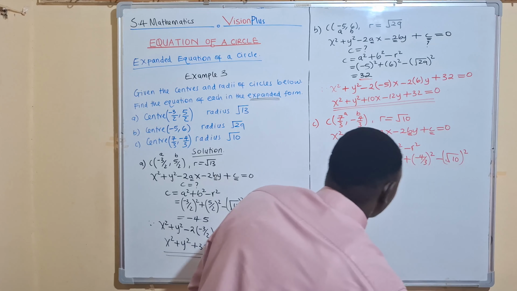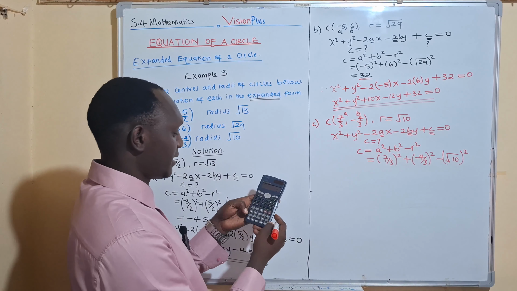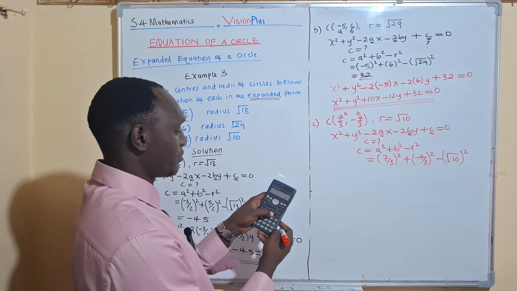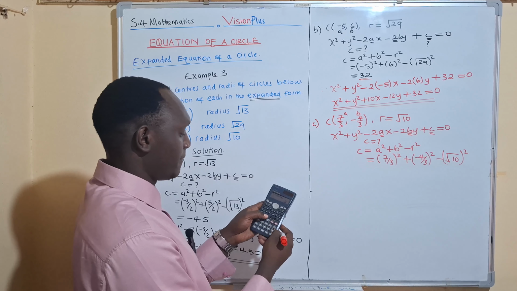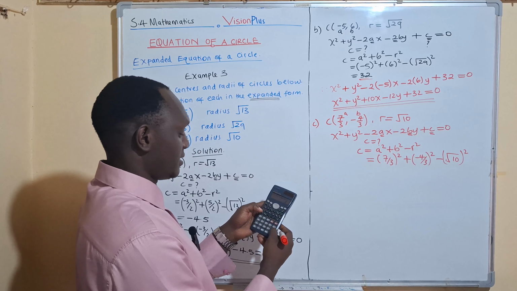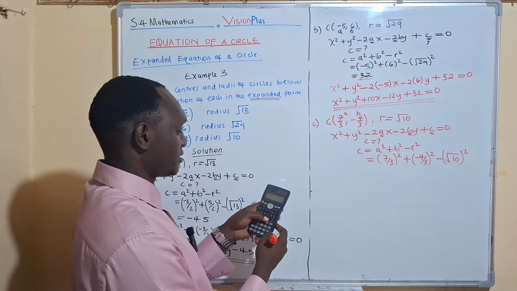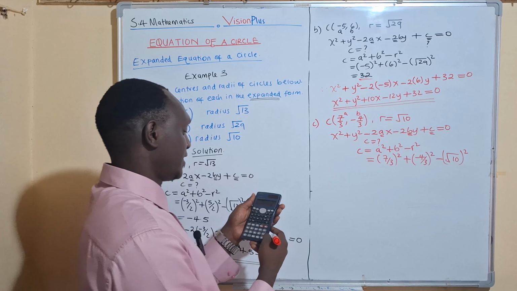Press the calculator to solve it for you. Open the bracket and say 7 divided by 3, close the bracket, squared, plus open the bracket, negative 4 divided by 3, close the bracket, squared, minus open bracket, root of 10, close the bracket, squared, and press equal sign.